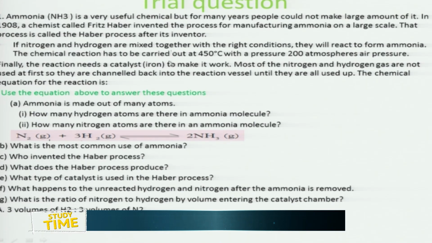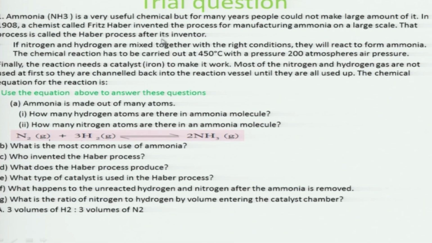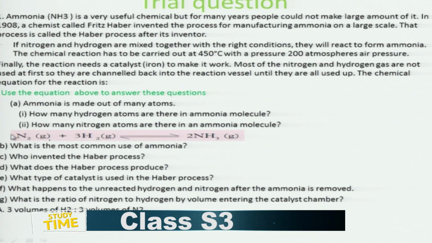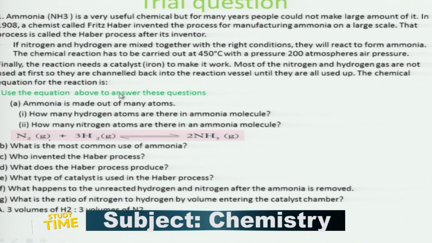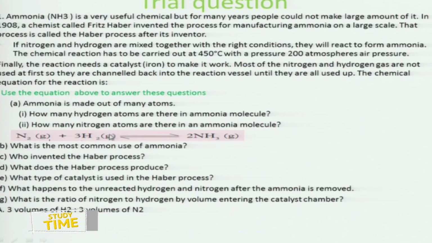All right? So in the Haber process, we said we use nitrogen and hydrogen in the ratio of 1 to 3. We get ammonia here. All right? So you use this equation here to answer these questions.